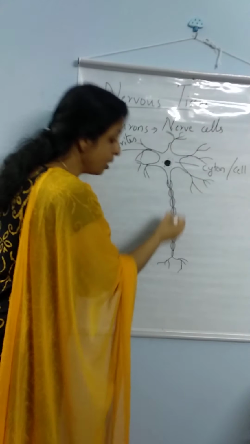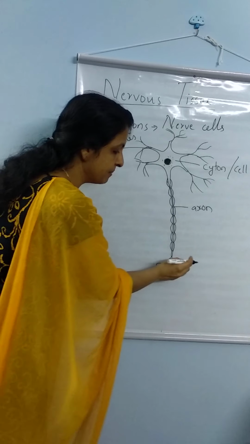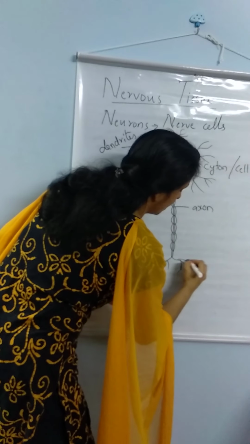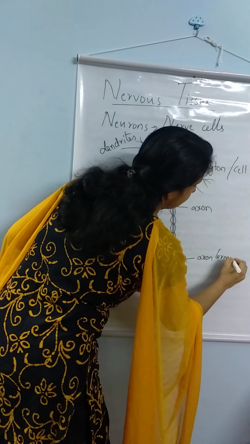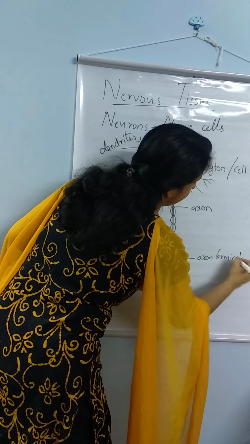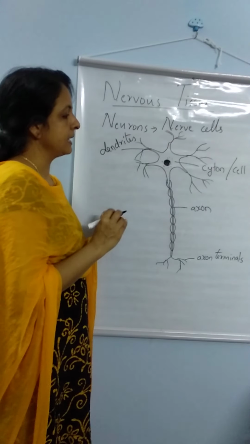Then there is a long branch called the axon. The axon ends in branches, and these branch endings are called axon terminus.